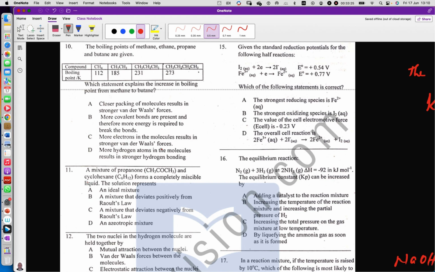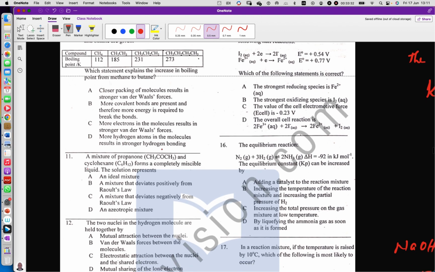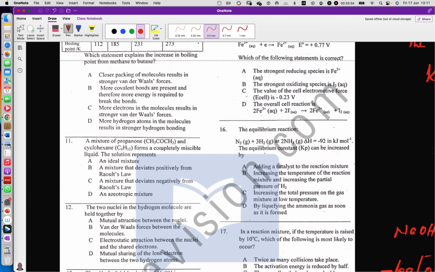That is not the one that accounts for the high energy required to overcome this bond. C, more electrons in the molecule result in stronger van der Waals forces. That is what chemistry tells us. That is the right answer. C is the right answer. I don't need to go further again.